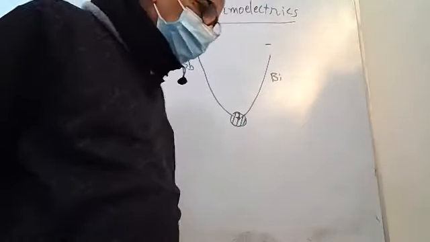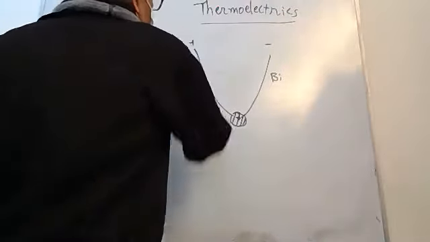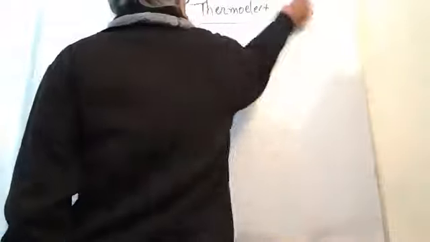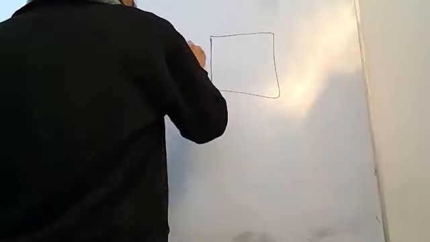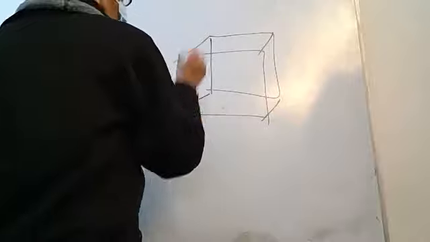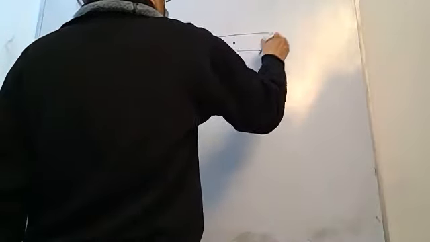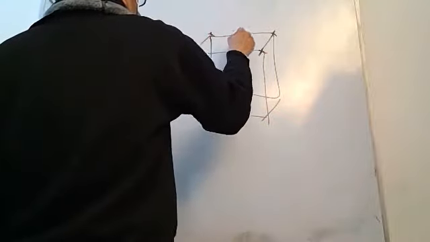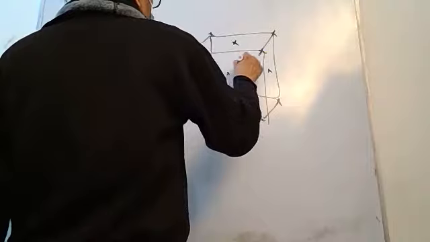And folks, the next thing that we're going to talk about is close packing. Remember, we talked about face-centered cubes. If you have a face-centered cube, you have atoms at the corners and the centers of the faces.